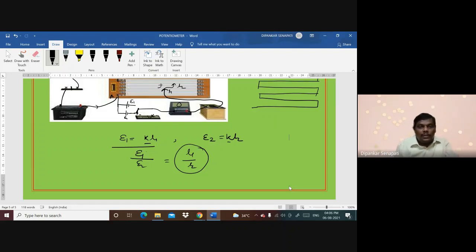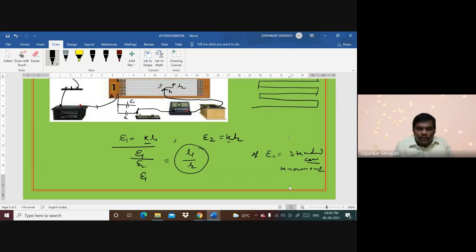Now, if one of the cells is standard, if E2 is a standard cell having known EMF, and that is very easy to find, a standard cell, then what can we find?